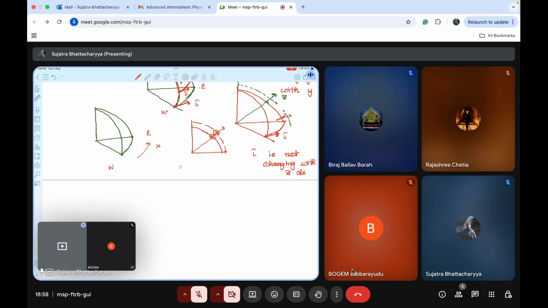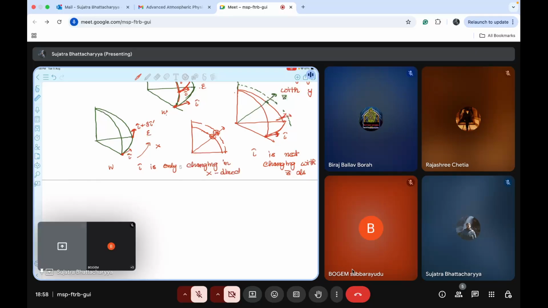I've already shown, at this point, this is your I hat. Tell me, at this point, does your I hat change? Yes, right? So at the very end, your I hat changes. So it becomes I hat plus some delta I hat, let's say, correct? So I hat is only changing in the x direction.